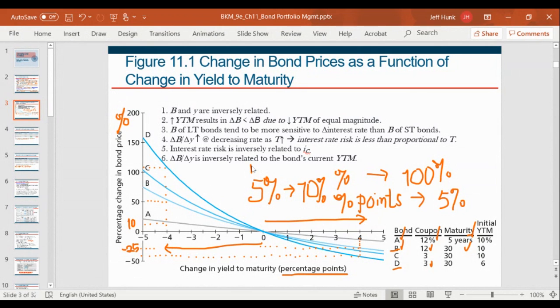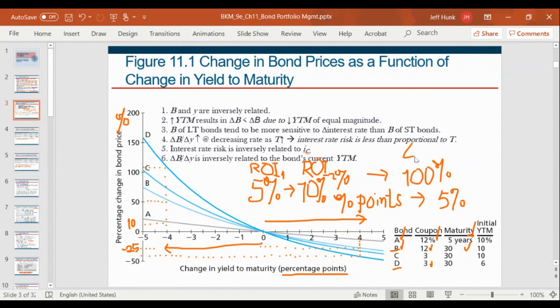If the ROI changed from 5% to 10%, right?